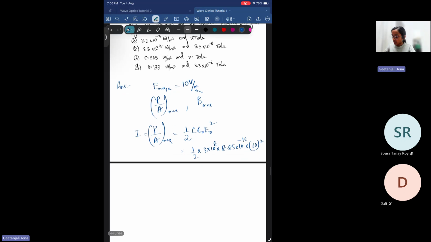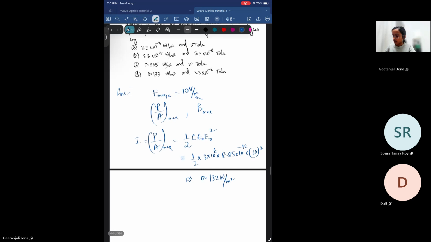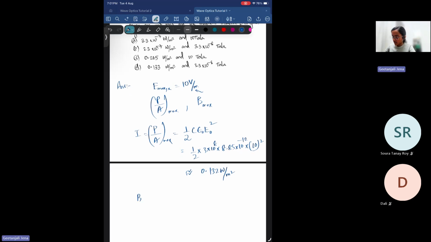So I think from this we will get 0.132 watt per meter square, if I'm not wrong. And for magnetic field, it is E0 by C, the maximum value. E0 is given 10 and C is 3 into 10 to the 8. So this will give 3.3 into 10 to the minus 8 Tesla.